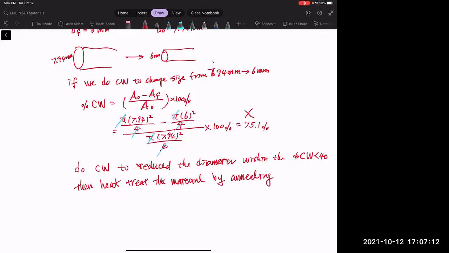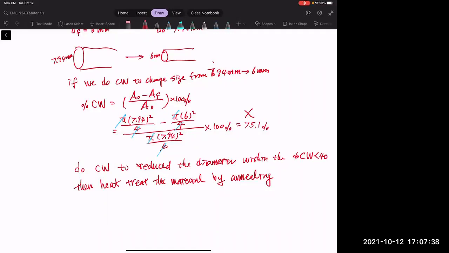The annealing includes 3 processes. It's in your book, chapter 7. You have a recovery, you have a recrystallization, and the grain size growth. So the last process is the growth.